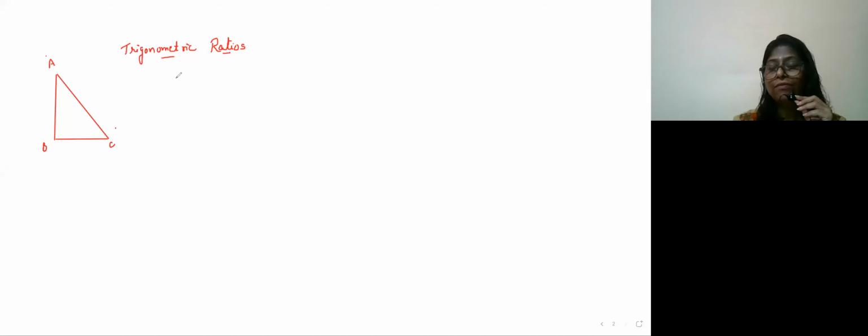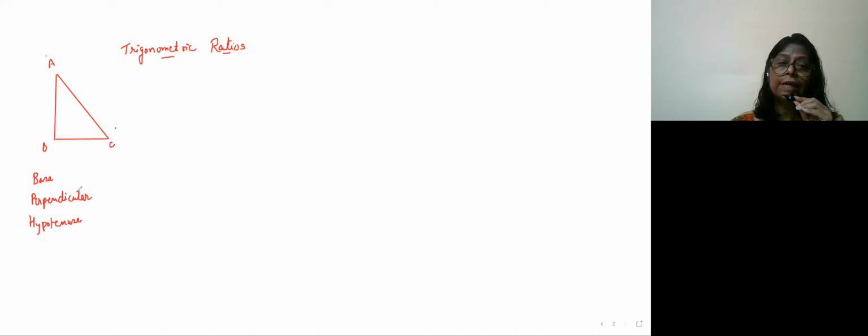Now we have to see the trigonometric ratios. In the right angle triangle, we have three sides, and the three sides have different names. One is base, another is perpendicular, and the third one is hypotenuse.